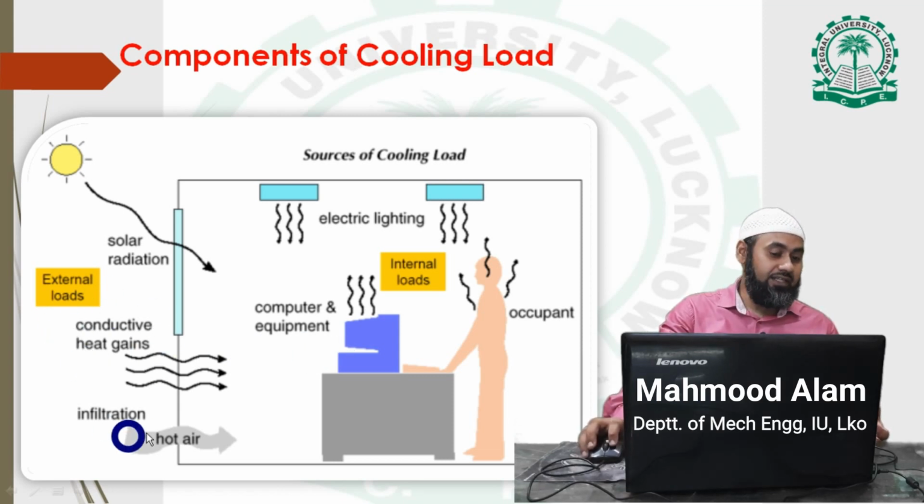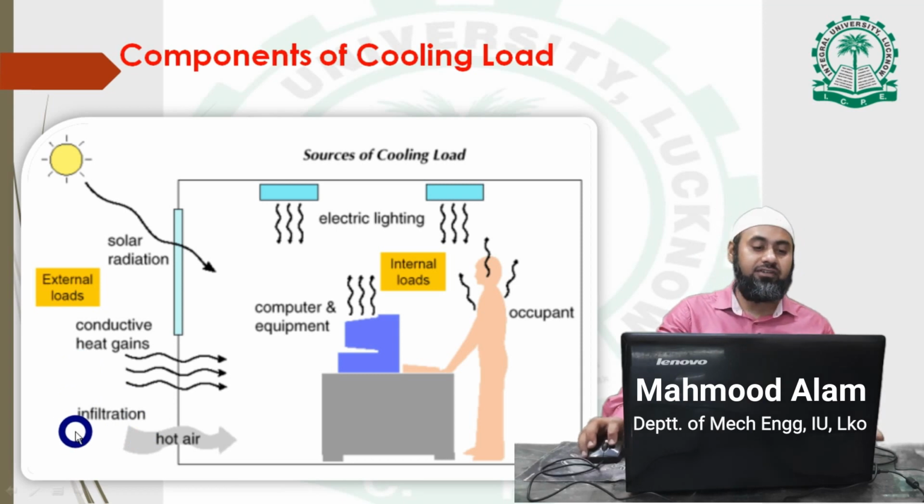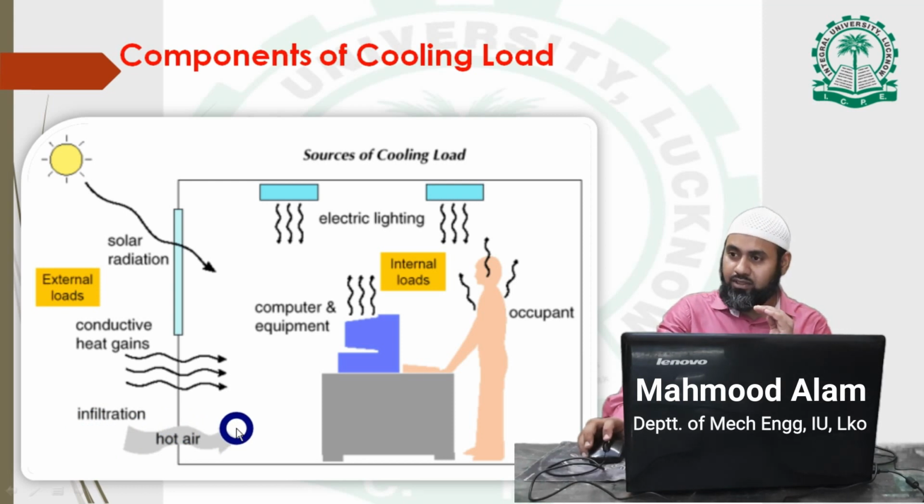And here is infiltration. Infiltration means when there is a pressure difference between the outside and indoor, if the pressure outdoors is higher than the pressure indoors, then outside air will enter the room through leakage, through cracks in the wall, through leakage in the window, or through some minor spaces in the door and windows in the form of cracks and gaps.